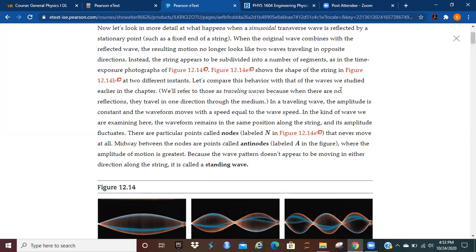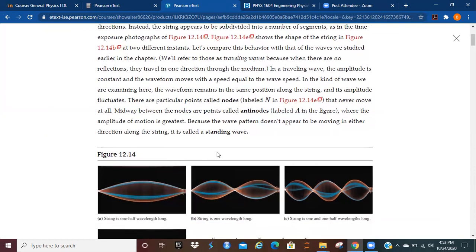So let's compare that behavior with that of the waves that we studied earlier. We'll refer to those as traveling waves because when there are no reflections, they travel in one direction through the medium. In a traveling wave, the amplitude is constant and the waveform moves with a speed equal to the wave speed. For what we're examining here, the waveform remains in the same position along the string and its amplitude fluctuates.